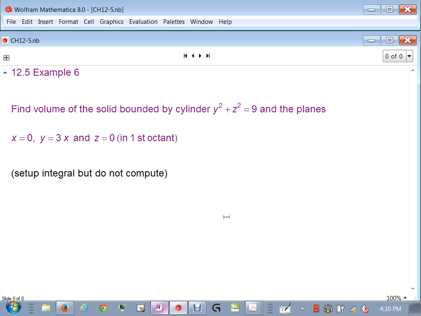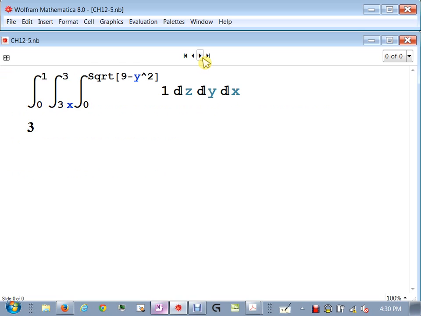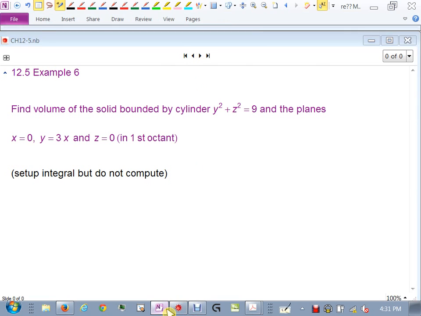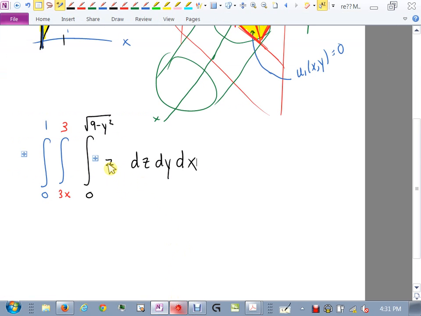It appears twice in the notes. Oh, find the volume. Okay. If we were to find the volume, it's the same cylinder, same lines. The only difference is that where I put Z, you would put 1.